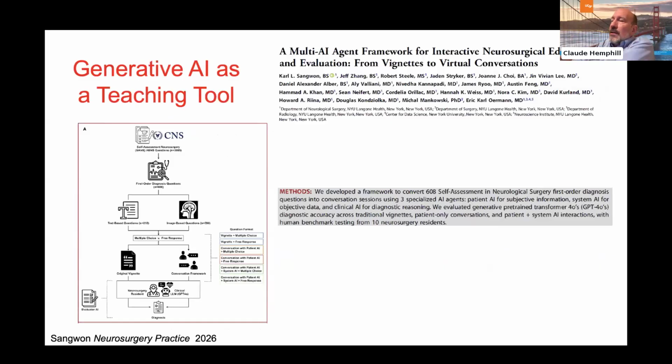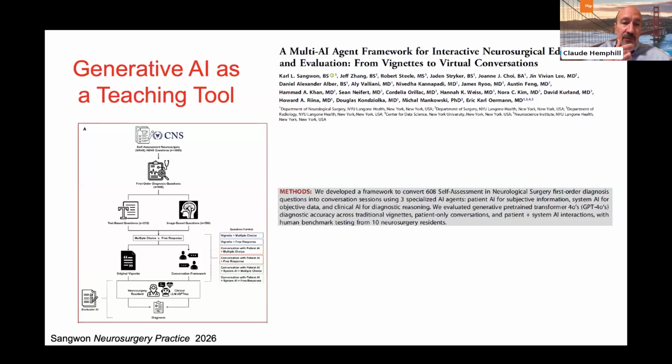We're saying, could the resident or fellow or junior faculty member go to ChatGPT or another generative AI source and use that as a teaching tool? We're going to look in and learn about the ciliospinal reflex or brain death determination or so forth. So a very recent publication looked at trying to utilize this to take neurosurgery board questions and really convert them into AI-enabled tools.